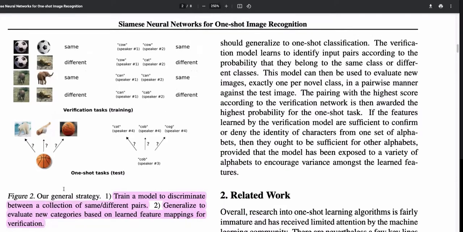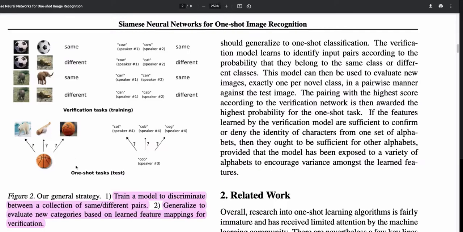And at test time, you give your model a sample, and you expect that the model will be able to give a measure of how close your test sample is to the existing categories that have been learned in training.